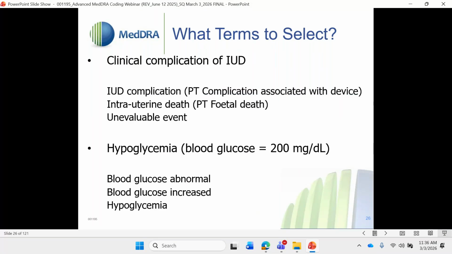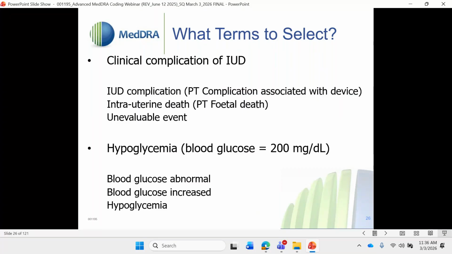In the second bullet, we have hypoglycemia, and this is similar to what I showed you before. Hypoglycemia, right? It means low glucose. But the lab value in parentheses says blood glucose equals 200 milligrams per dL. Now, if you're familiar with your standard lab values, you know that a normal fasting blood glucose typically ranges from 70 to 99, right?